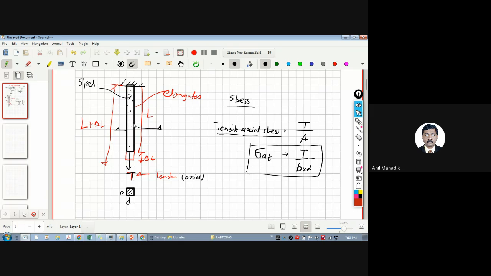Now, as we know, in structural engineering, whatever the forces on the member or the stresses developed in the member, we don't allow the stresses to exceed the permissible stresses.